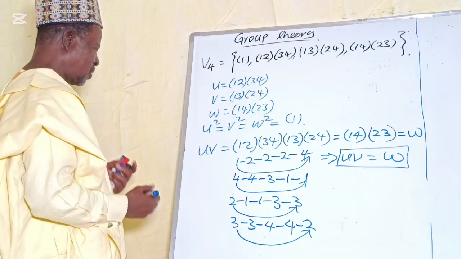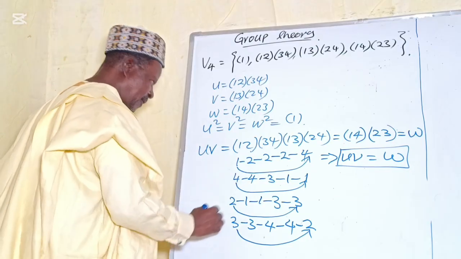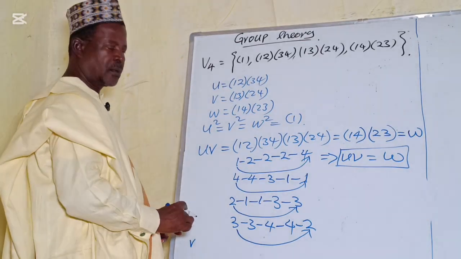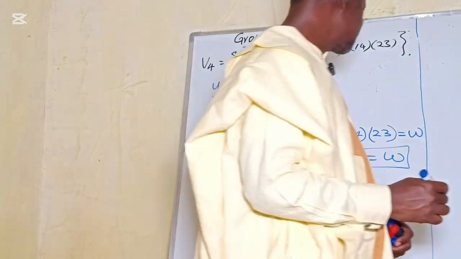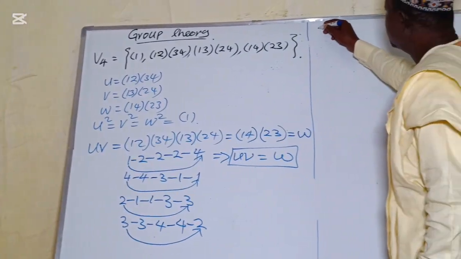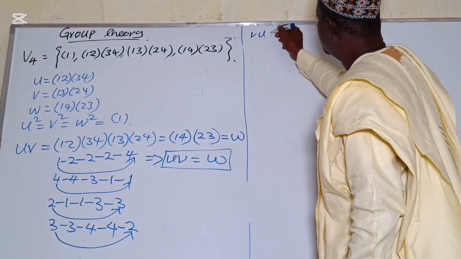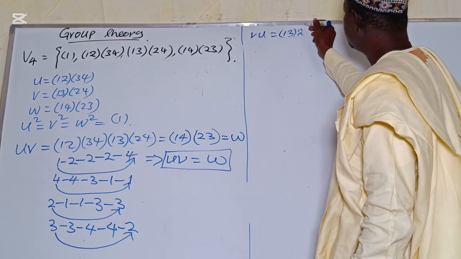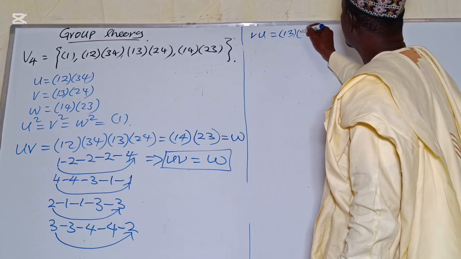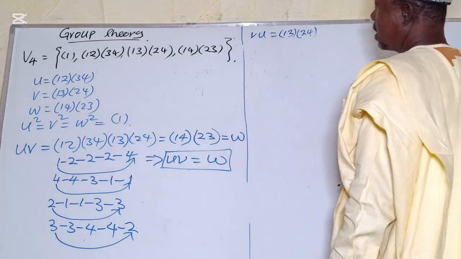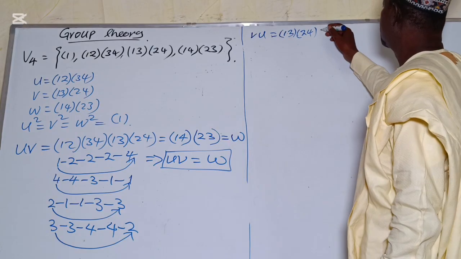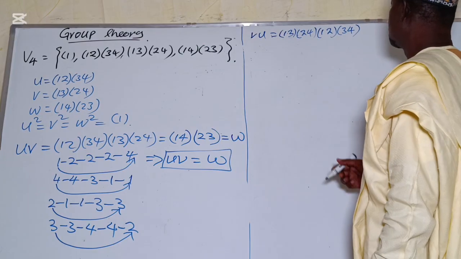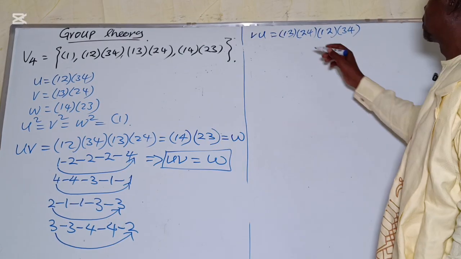I may also want to check what of V times U. My V is (1 3)(2 4), and my U is (1 2)(3 4). So let us see how the computation goes.